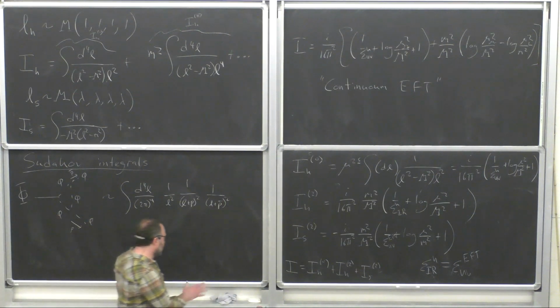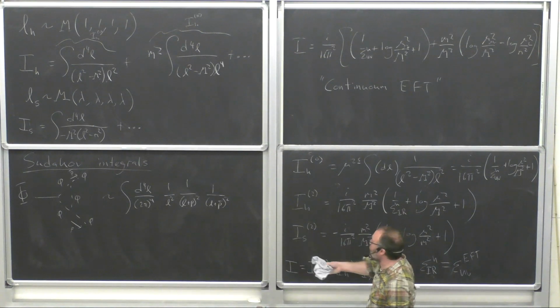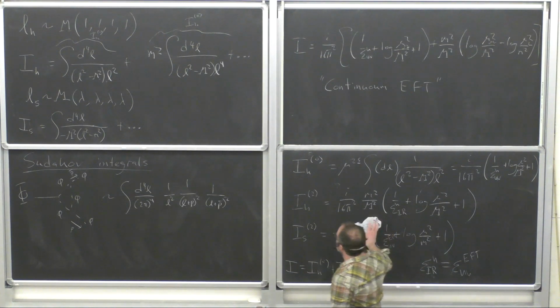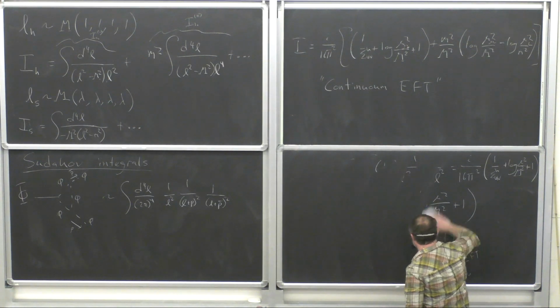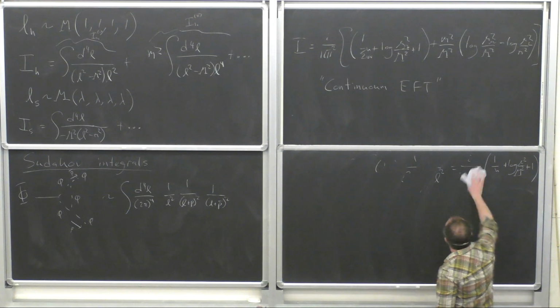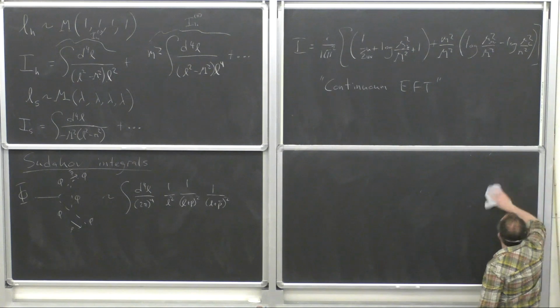So I'm not going to do all the details. I give very explicit formulas in my TASI lectures, and actually some of the integrals are quite a mess. So there are really nice lectures on SCET that I referenced there.